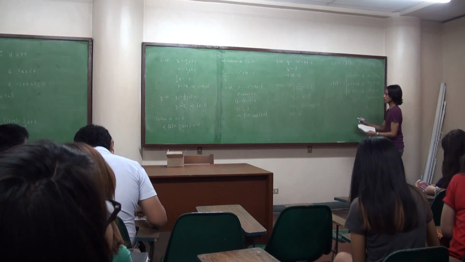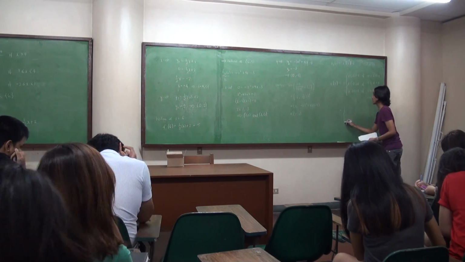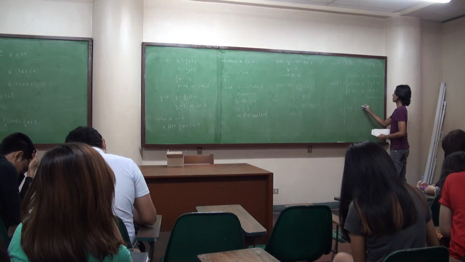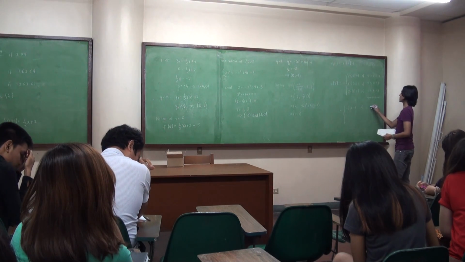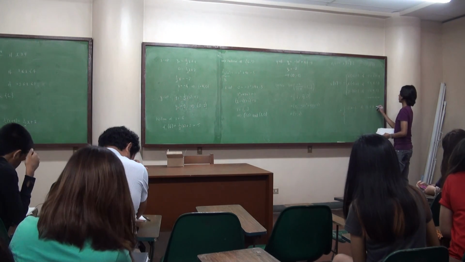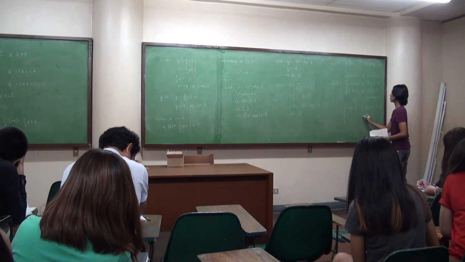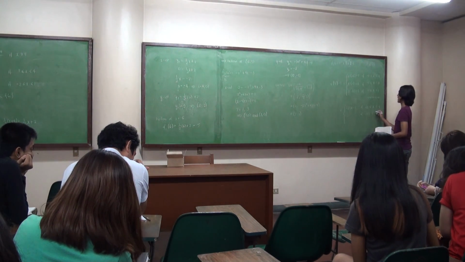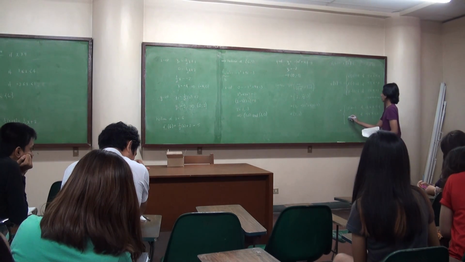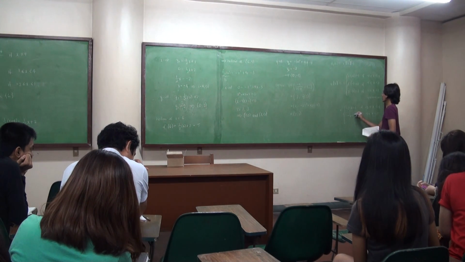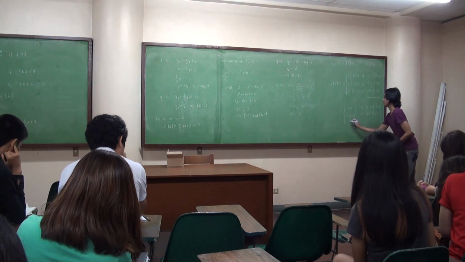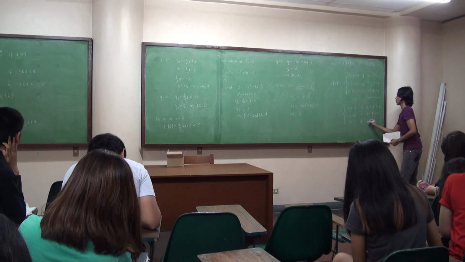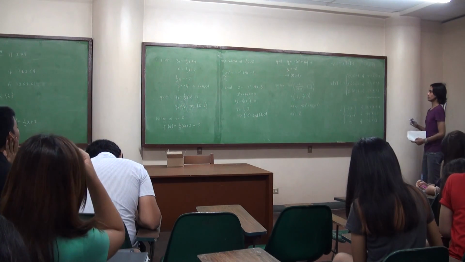So, ito lang yon. So, if we simplify this one, we will obtain, this one would be negative 2x minus 1 if x is greater than or equal to negative 2 or less than or equal to negative 1. Dito naman, if x is greater than or equal to negative 1 but less than 0, dito ay negative x minus 1. Dito naman ay negative 1 if x is between 0 and 1.